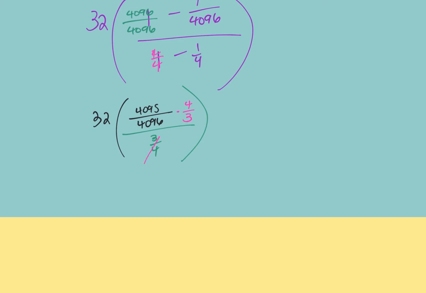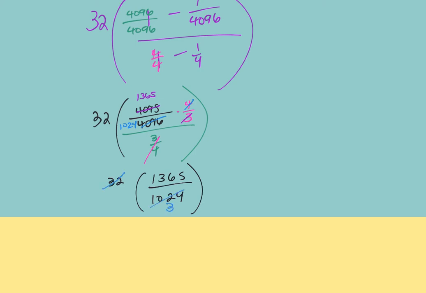And this will always simplify. So 4,095 divided by 3 is 1,365. And 4,096 divided by 4 is 1,024. Now I've got 32 times 1,365 over 1,024. And now I got to see if 32 goes into 1,024.